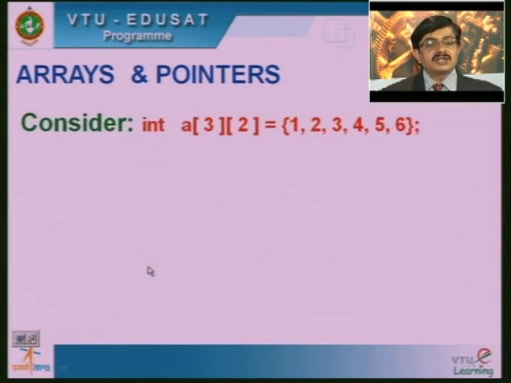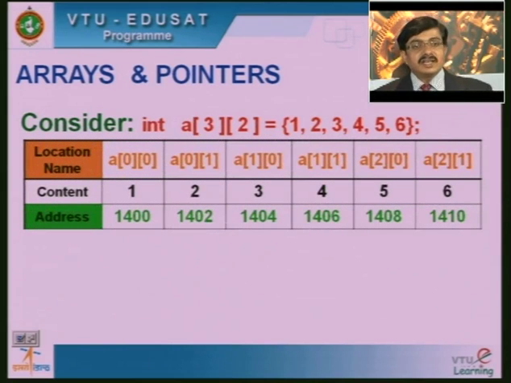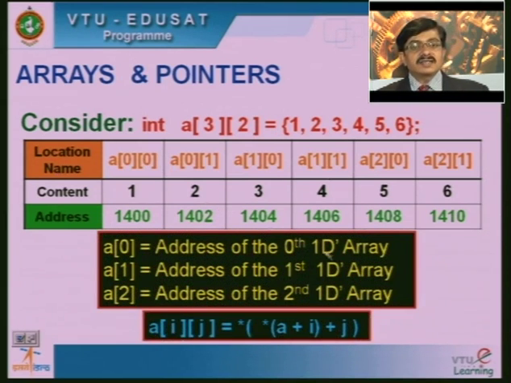Now consider a 2-dimensional array of integer elements: A of 0 0, A of 0 1, A of 1 0, A of 1 1, A of 2 0, A of 2 1. Here we have 3 rows and 2 columns: the 0th row, first row and second row. A of 0 will hold the address of the 0th 1-dimensional array, A of 1 the address of the first, and A of 2 the address of the second.